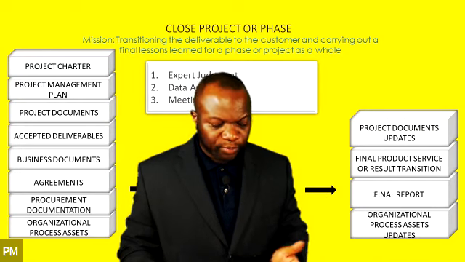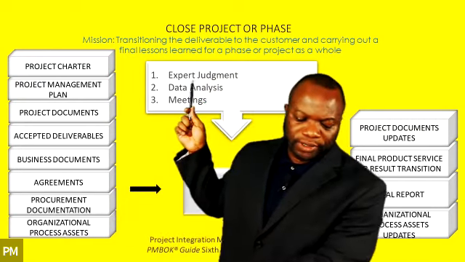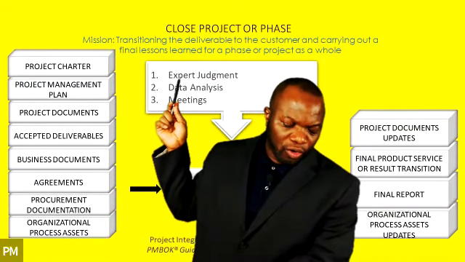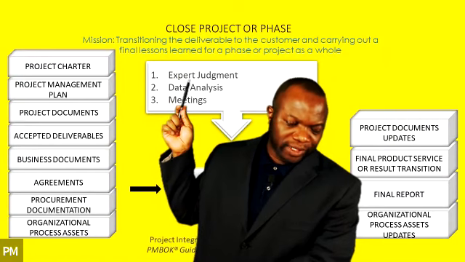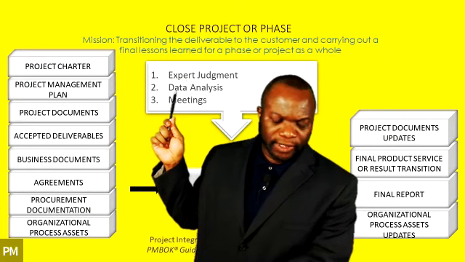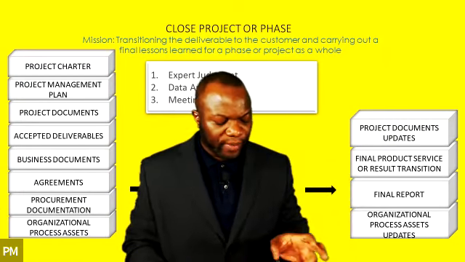So that's pretty much it for the inputs. Let's talk about the tools and techniques. Expert judgment, this refers to management control expertise, audit expertise, legal and procurement, and legislation and regulations. The next thing here, data analysis, has some pretty important stuff that we're going to talk about more in the details.